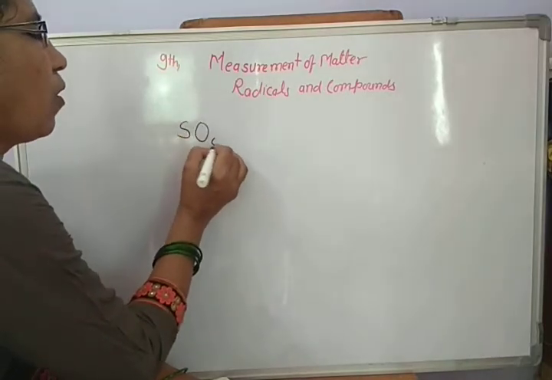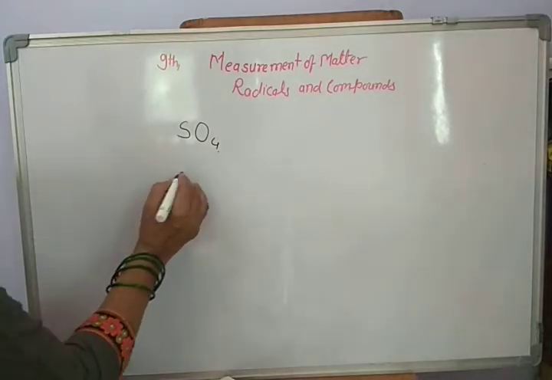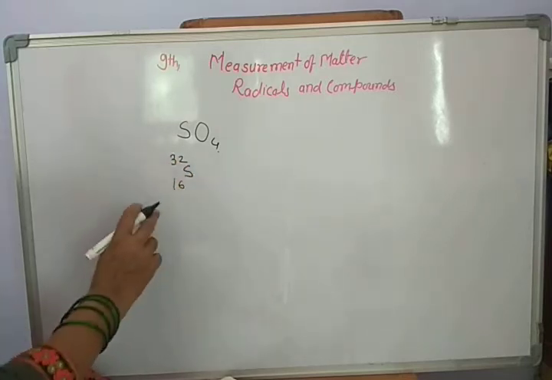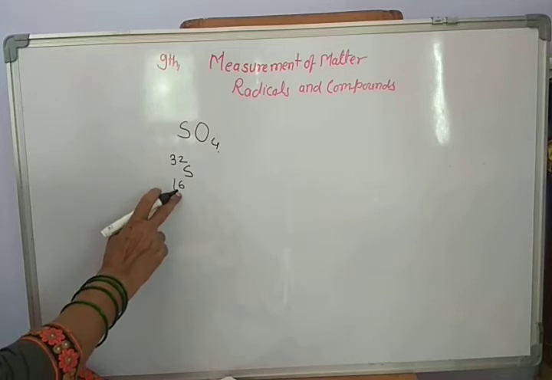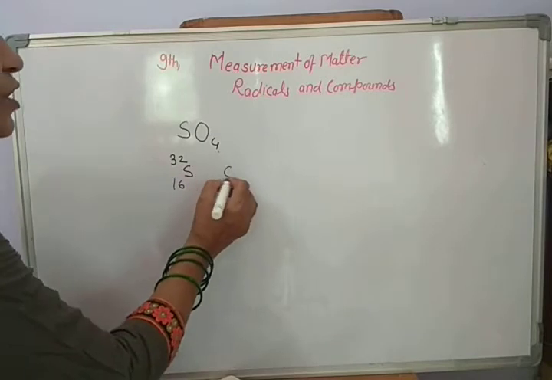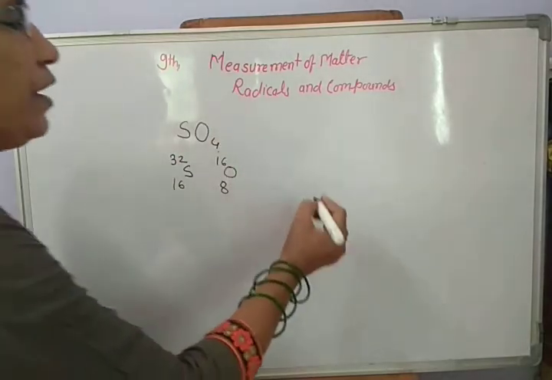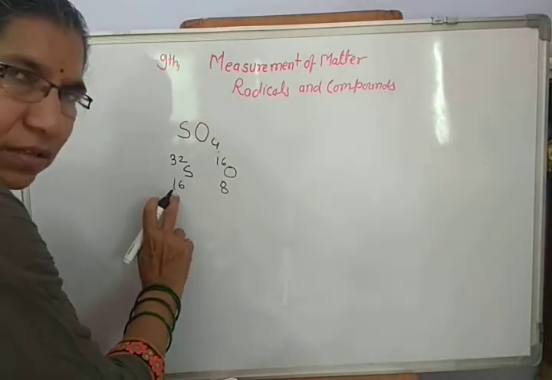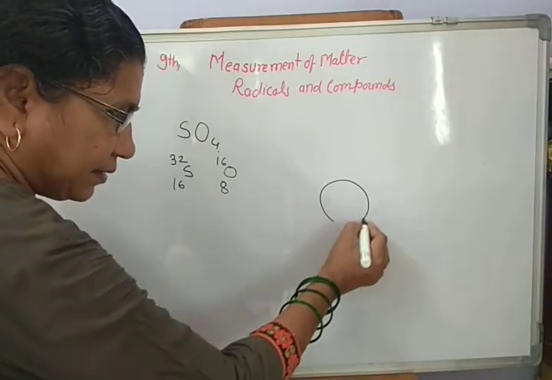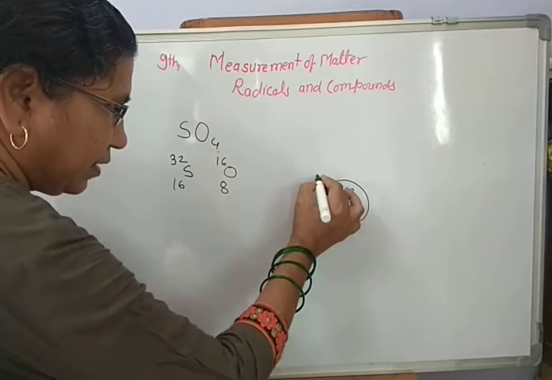SO4. This is SO4. We know what S is. S is 16, with mass number 32. That is, 16S32 is the formula. That is, there are 16 protons and mass number 32. And oxygen is 8, 16. Both belong to the same group. Okay. We can easily draw the electronic configuration of sulfur like this. 16p, 16n.